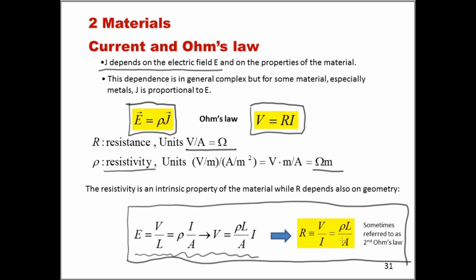So this formula shows that R, the resistance, is made of two components: a component, rho, that is a characteristic property of the material, and a fraction L over A, which is related to the geometry of the material itself.